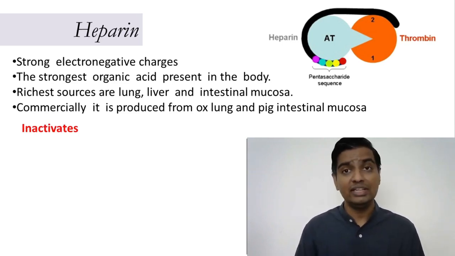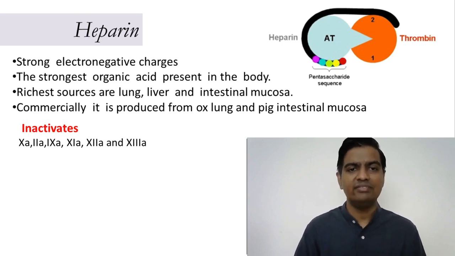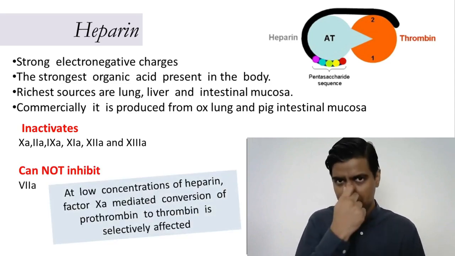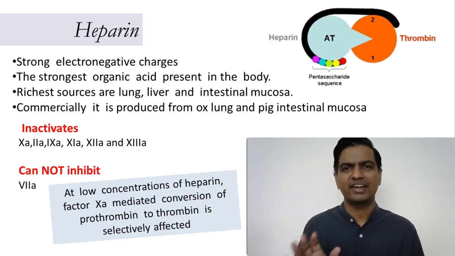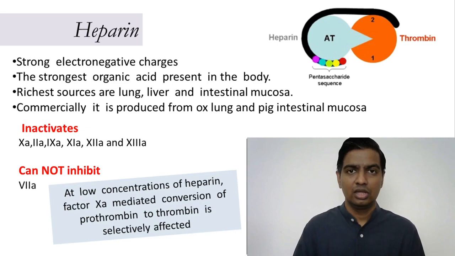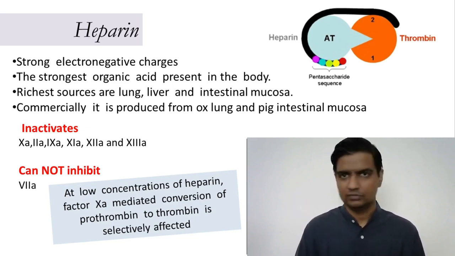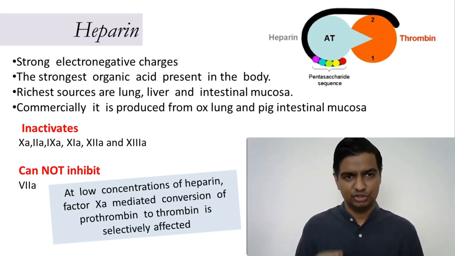Now, not only thrombin, heparin also helps antithrombin break clotting factor 10, 2, 9, 11, 12 and 13. But at the dose in which we give, factor 10 mediated conversion of prothrombin to thrombin is affected the most. Heparin cannot stop clotting factor 7. Simple. So at low concentration, only factor 10A is stopped.